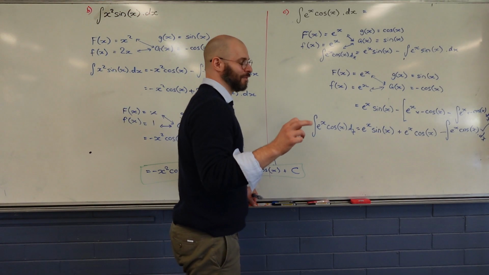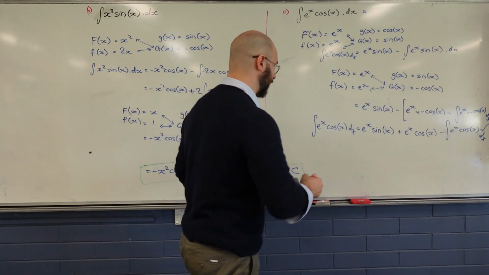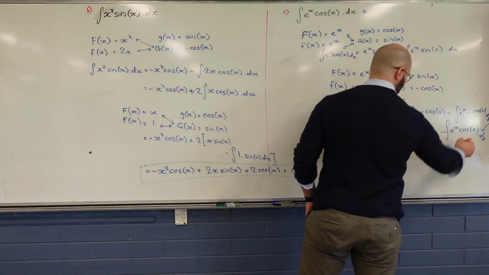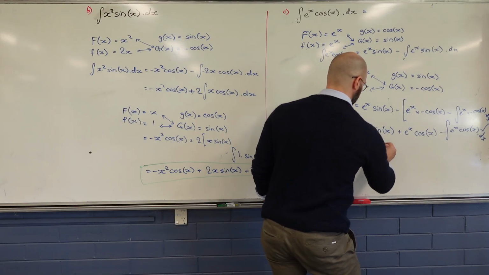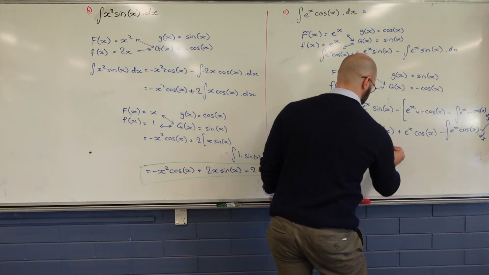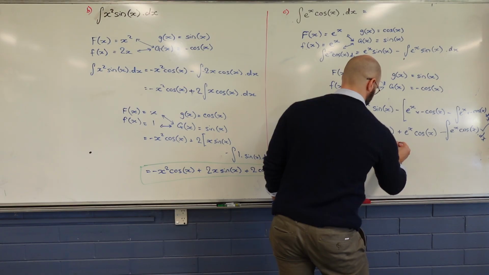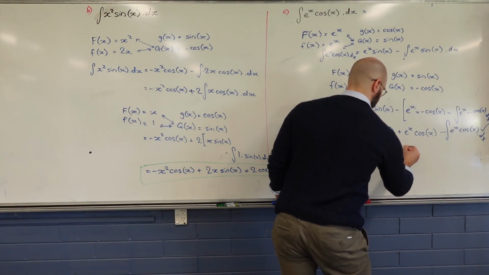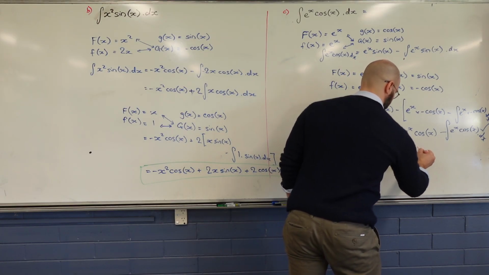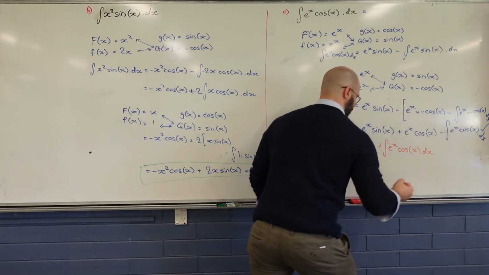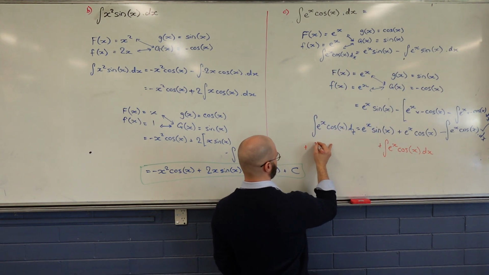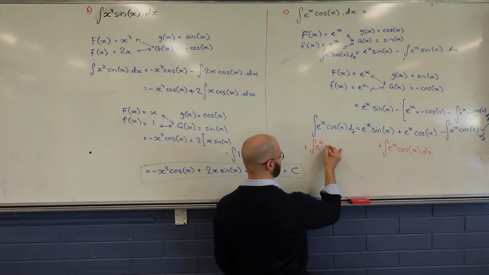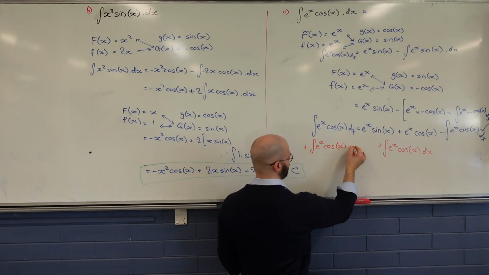So we're going to do something that's going to blow our minds. We're going to get this guy here and we're going to eliminate it from the right hand side by adding the integral of e to the x cos x to both the LHS and the RHS of the equation.